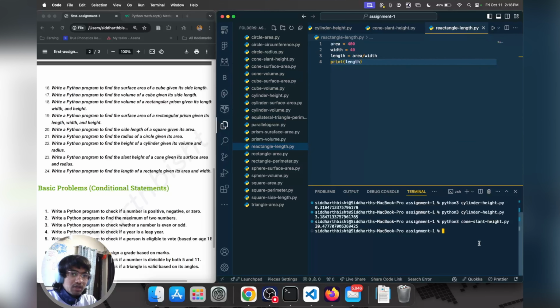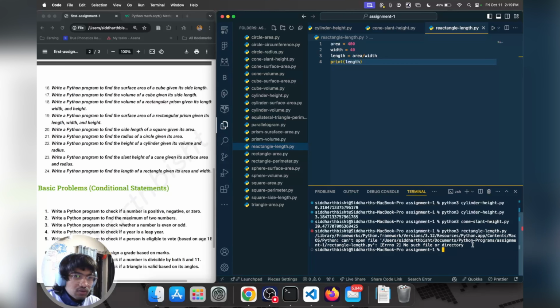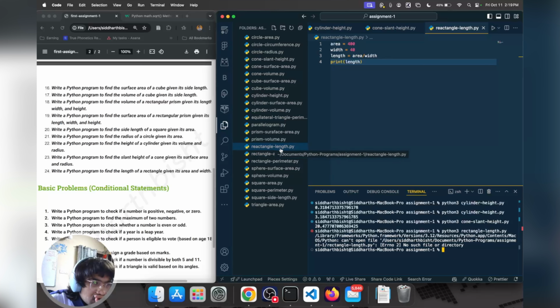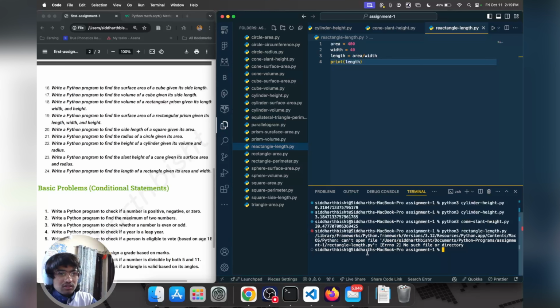Let's run this program and see. Python3 rectangle_length.py. I think there's a typo. Rectangle length. I think it's good to go.